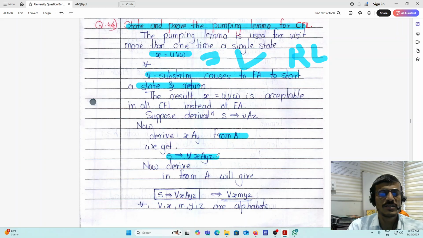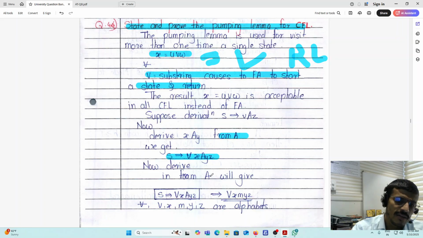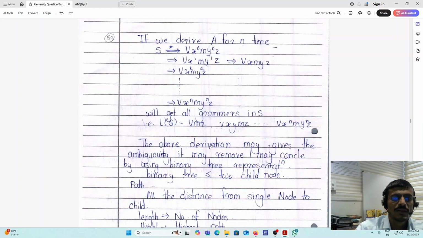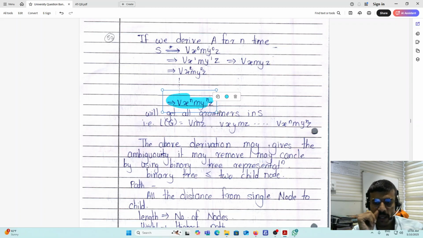By substituting all these values, we get S derives uxAyz. Now deriving in the form of A, we get S derives uvxAyz, which is also written as uxmyz, where these are alphabets. If we derive A n times, meaning if we proceed this n times, then it will give us S derives u x raised to n, m, y raised to n, z. So we will get all the strings of the grammar in S.